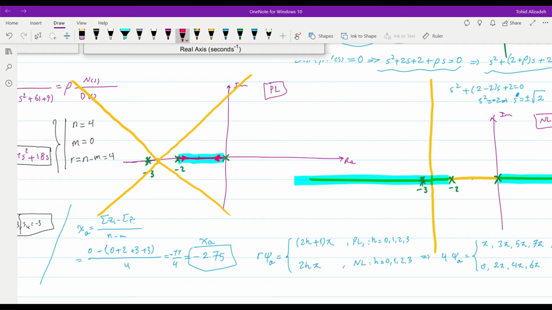At some point they will meet and they would need to depart the real axis. So for the positive locus we need to find out a breakaway point. And we know that it will be between -2 and 0. But we need to find out the proper value.